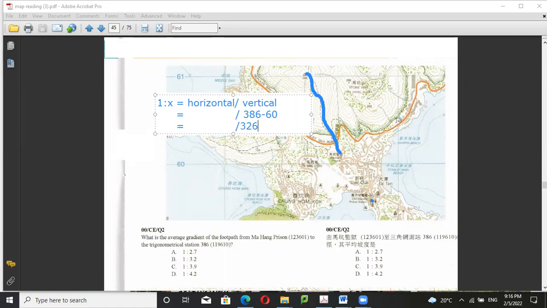Let me do the math first, and then horizontal. Okay, I'm measuring. Wait a minute.